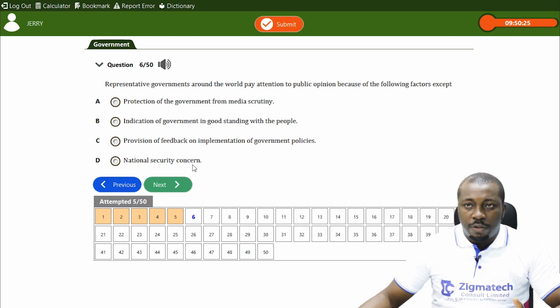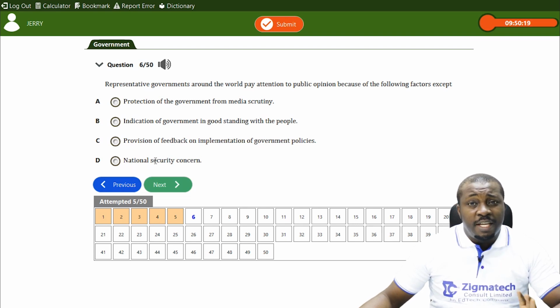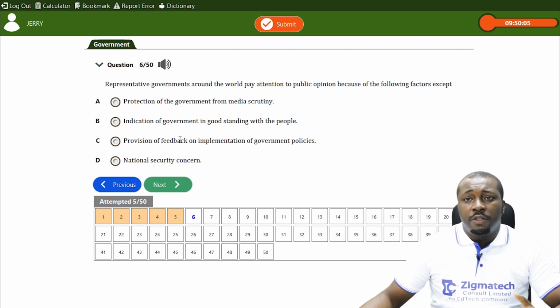Now, why will government pay attention to public opinion? Which one is not? Of course, government will pay attention for national security concern when people express their feelings about national security, about killings, about insecurity in their states. Government can pay attention because it provides feedback on implementation of policies.